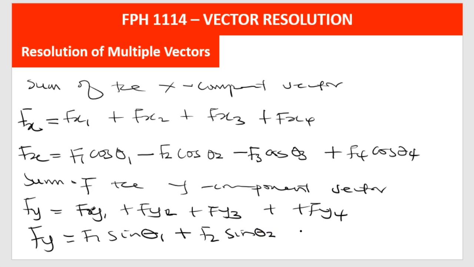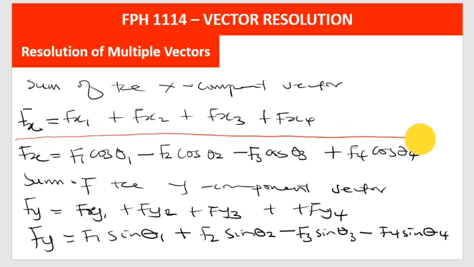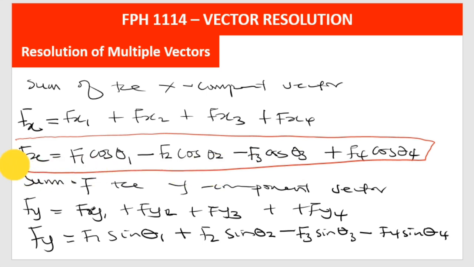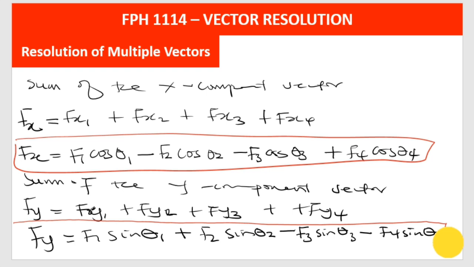When we go down to the third quadrant, we have minus f3 sine theta 3, and the last one is still going to be what? f4 sine theta 4. So here this is the summation that we have. For the x, we have this. And for the y component, we have this guy here.